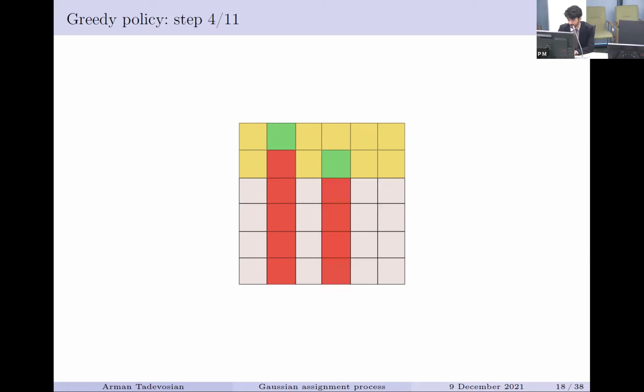And so on, we ban the fourth column and repeat this process again and again until we reach the last step, where we have no choice but to take the remaining element.